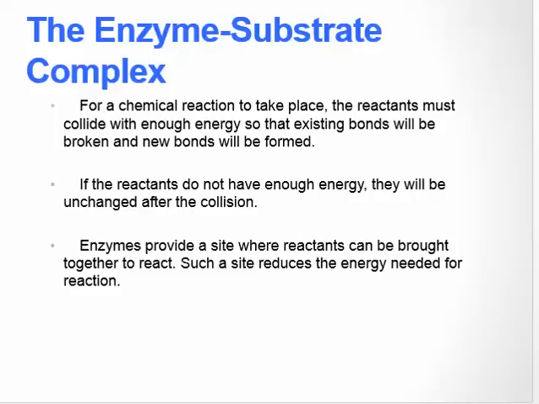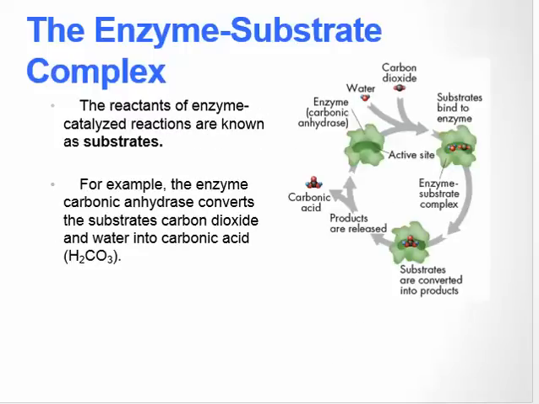Now, in order for the enzyme to work, you have what's called the enzyme substrate complex. And this is a place on the enzyme where the reactants have to meet, or where they have to collide, so that the bonds will be broken and new bonds can be formed. So in nature, without the enzyme, it might take a while for them to hit each other in order for the reaction to happen. But the enzyme provides an exact spot where they can fit that would bring them close together.